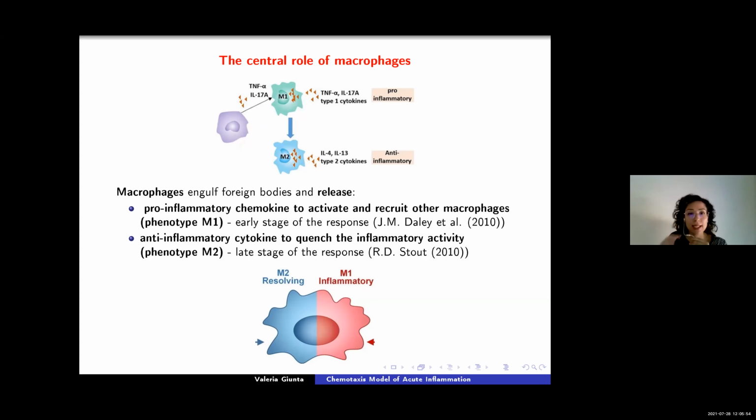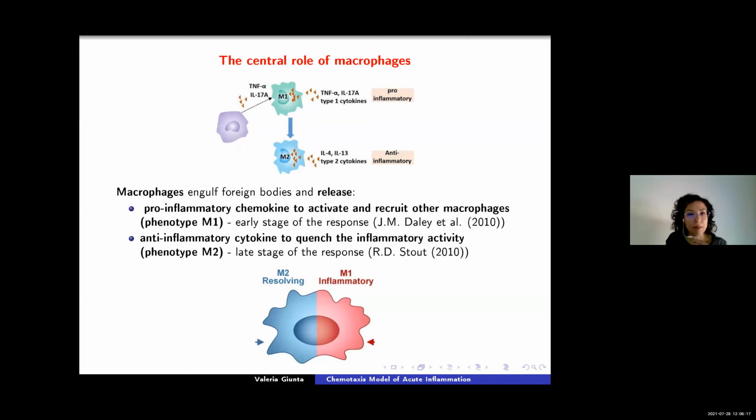In the first stage, they release a pro-inflammatory chemokine to activate other macrophages, and the newly activated macrophages move up the gradient of chemokine. So there is a chemotactic movement. In a later stage, they release anti-inflammatory cytokine, a molecule to quench the inflammatory activity.